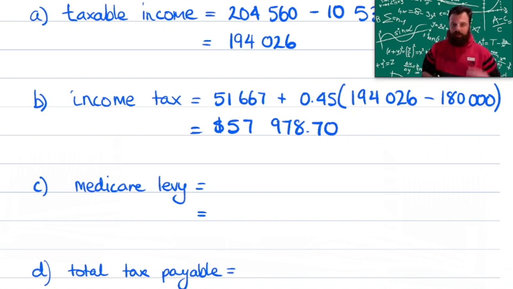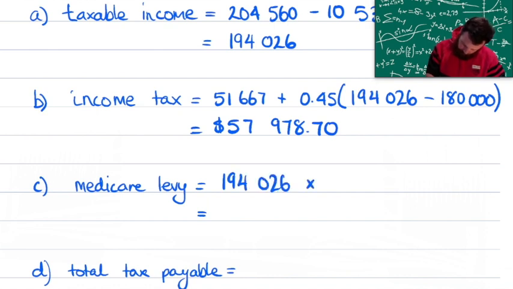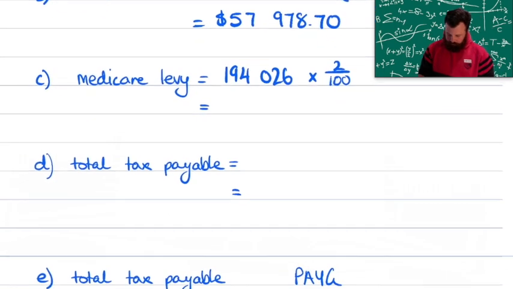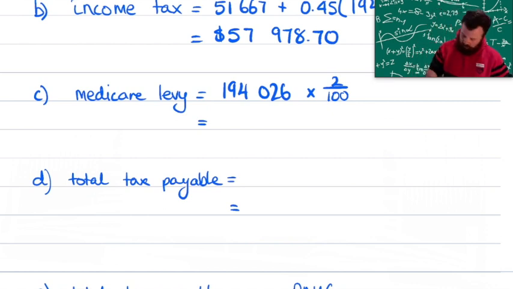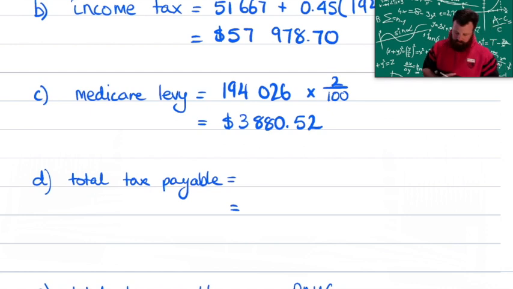Right, her Medicare levy. Remembering the Medicare levy is 2% of our taxable income, so it's $194,026 times 2%. Evaluating that, we get $3,880.52.